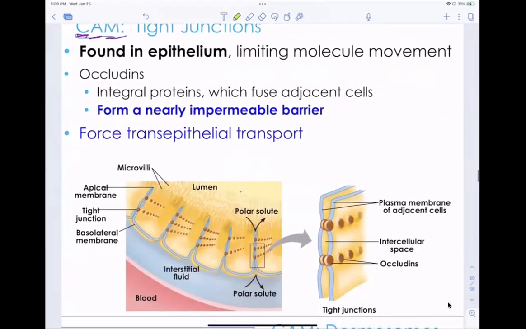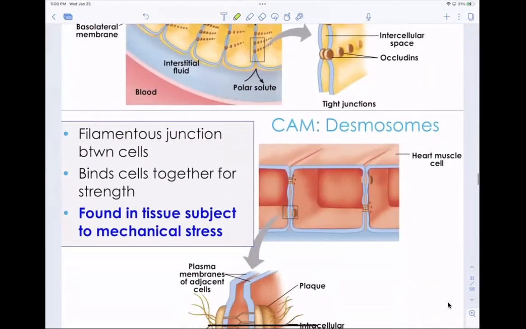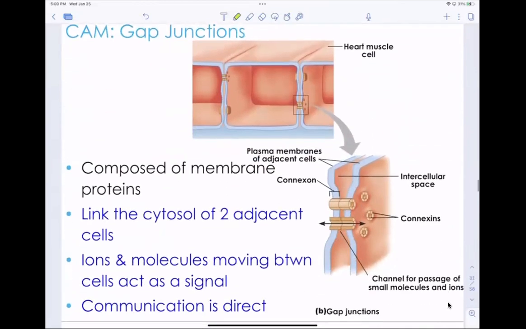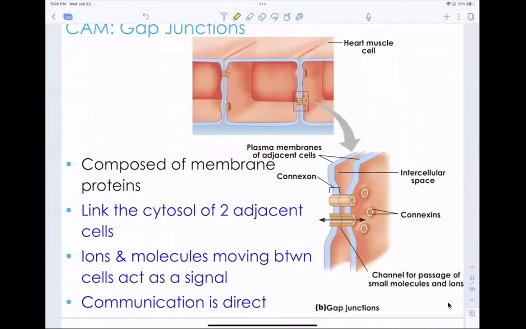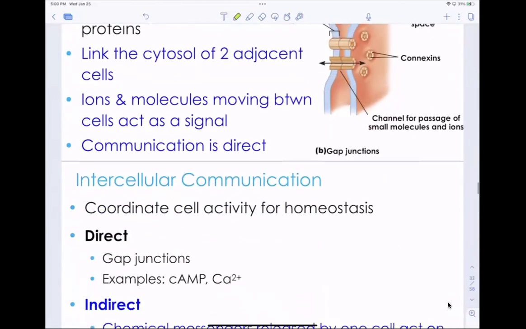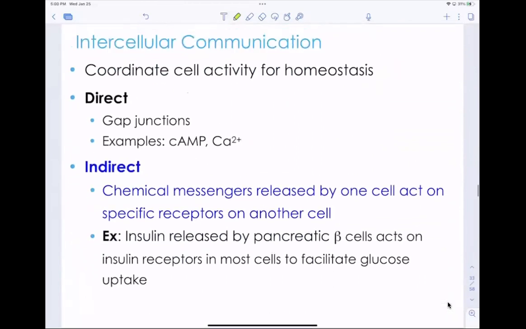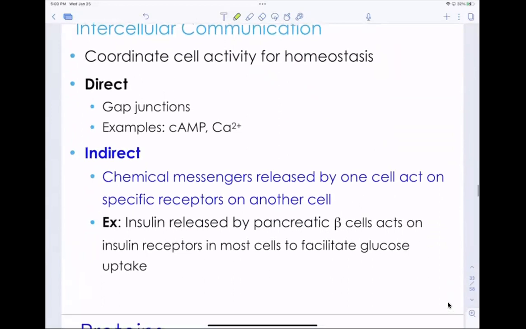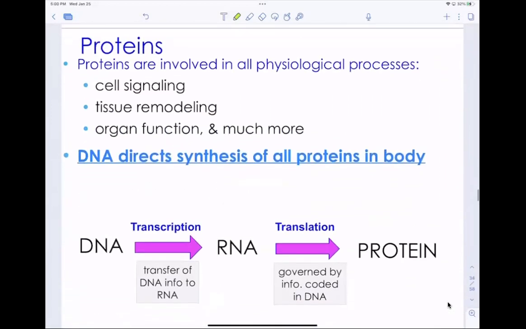Cell adhesion molecules are also protein structures that will bind cells together or allow ions to flow from one cell to another, and aid in direct or indirect communication. So these are cell adhesion molecules.